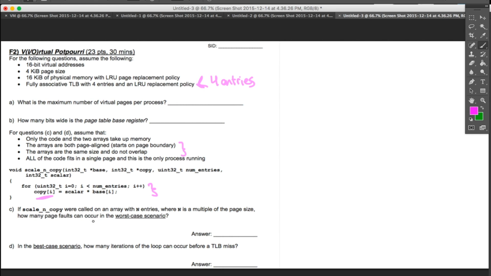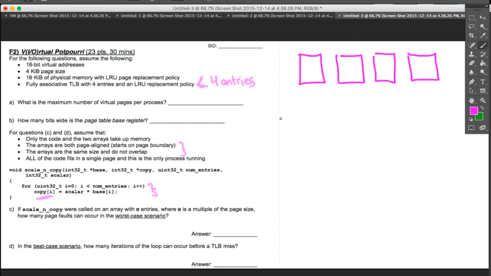The next question: if scale and copy were called on an array with n entries, where n is a multiple of the page size, how many page faults can occur in the worst case scenario? We know that the TLB has 4 entries, and I want to emphasize that the TLB itself does not have the data of those pages. All the TLB has is virtual page number to physical page number mappings, with permission bits.